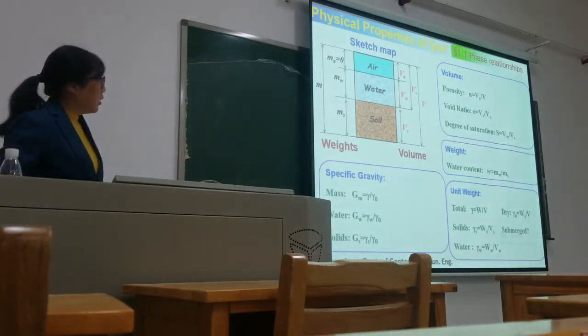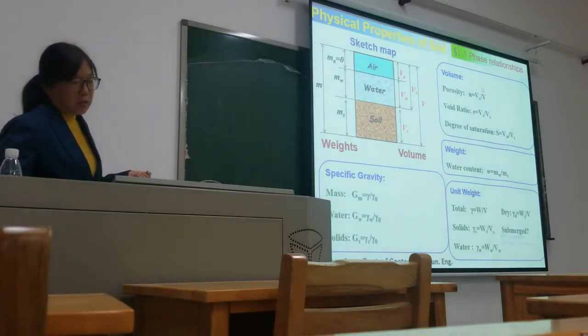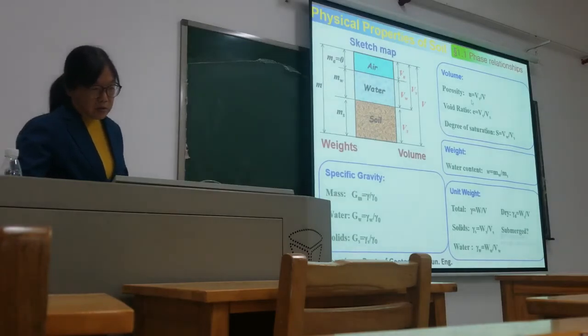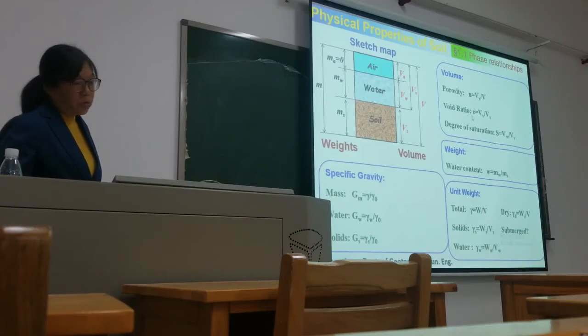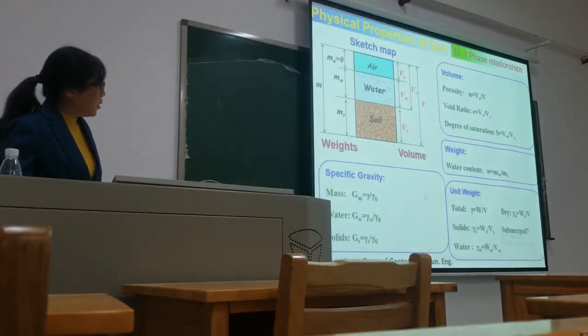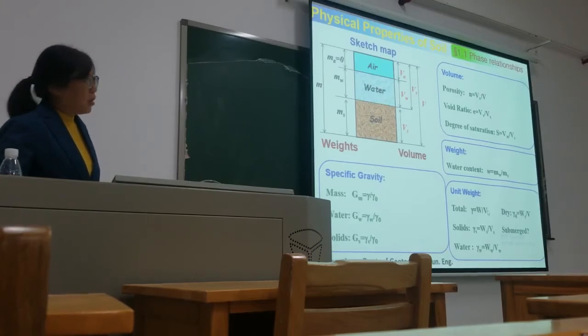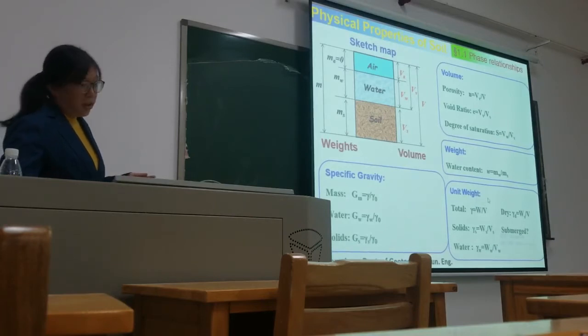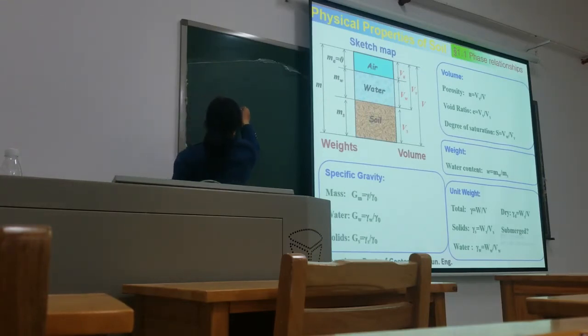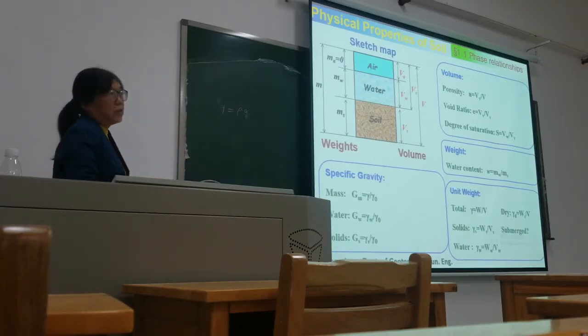On the right are some parameters related to the volume, weight, unit weight, and specific gravity: porosity, void ratio, degree of saturation, and water content, and the mass, specific gravity of water, specific gravity of solids, and unit weight, related to the density by gamma equals density times gravity, okay?